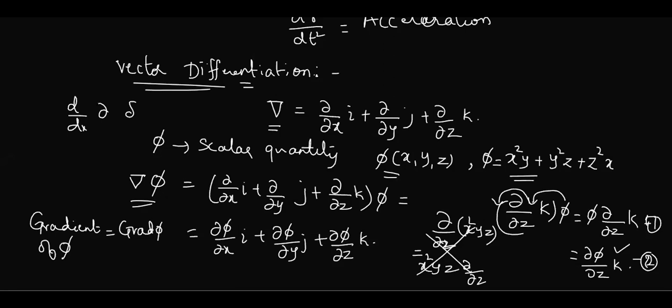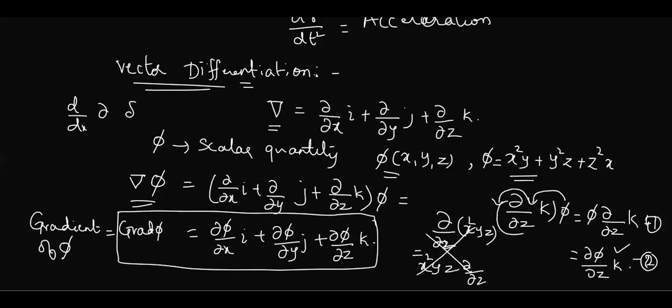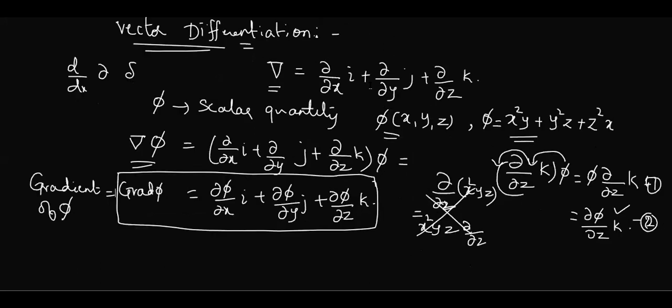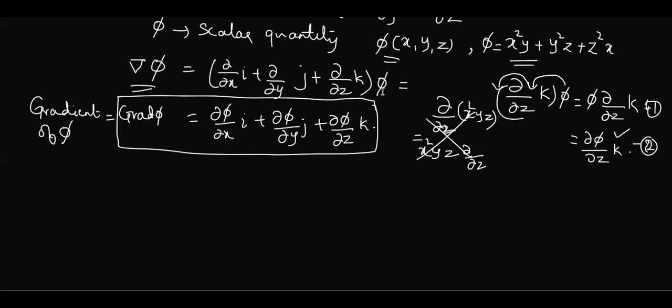So what we did, we have taken a differential operator del and applied it on which quantity? A scalar quantity. And we are getting some vector which is called the gradient of phi. Is the first definition clear? Very good. Now we have taken a scalar quantity. Now let us take a vector quantity.